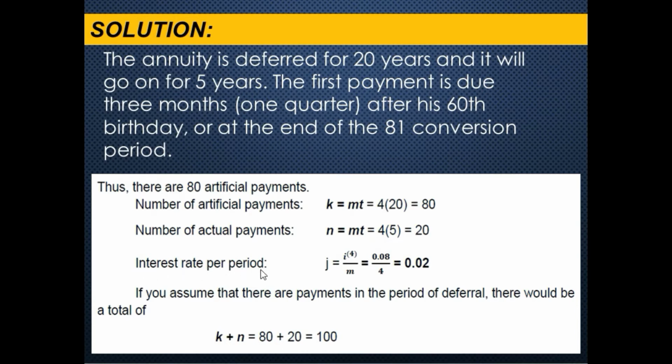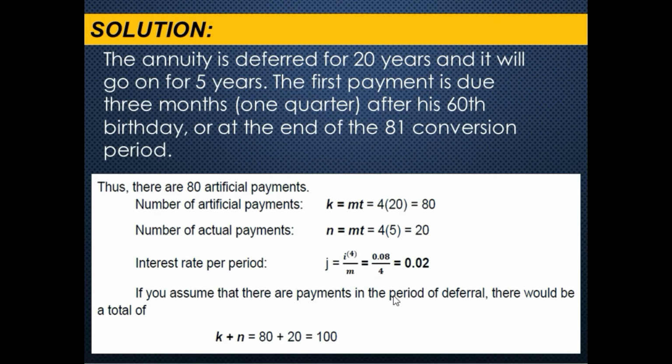The interest rate per period is given by J is equal to I over M, because there are 4 quarters in a year. So we have the rate a while ago, which is 0.08. You divide it by 4 as your M, that is equal to 0.02.